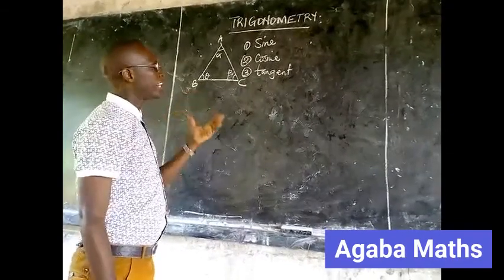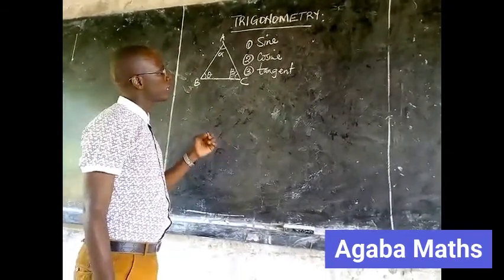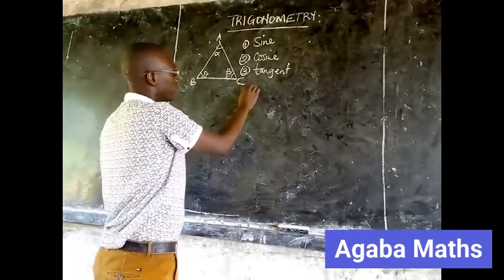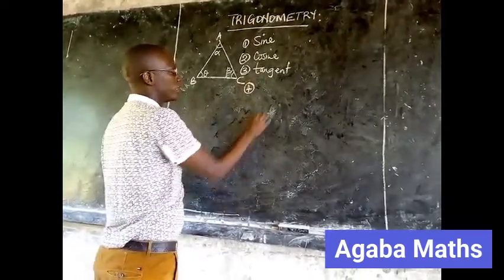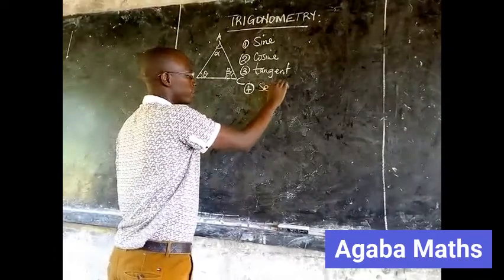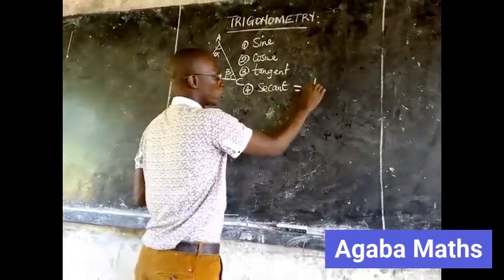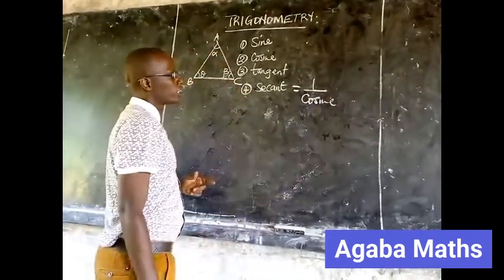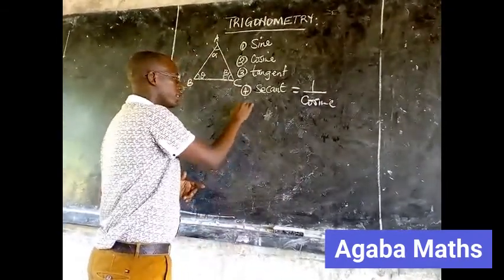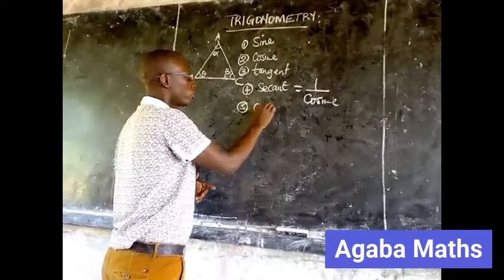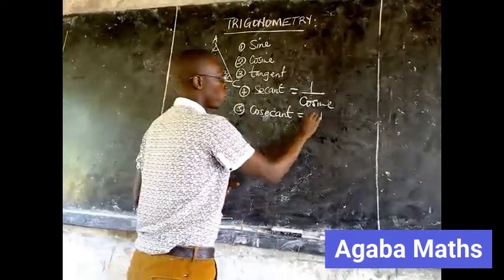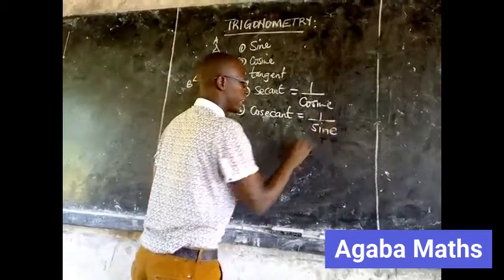But now, in HSC, we are going to add on 3 more. The first one will be the secant, which is 1 out of the cosine. Then we shall have the cosecant, which will be 1 out of the sine.